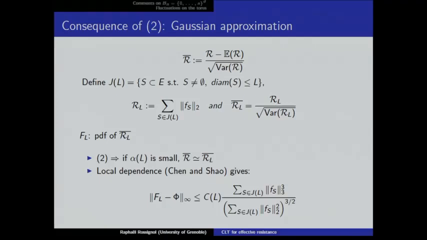So there is a result by Chen and Shao, for instance. There are other results, but the one by Chen and Shao is really good, and which bounds the L infinity norm between the PDF of the standard Gaussian and the PDF of R_L by a constant which will depend only on L times something which is the sum of the L3 norm of Fs divided by the standard deviation of R_L to the power 3.